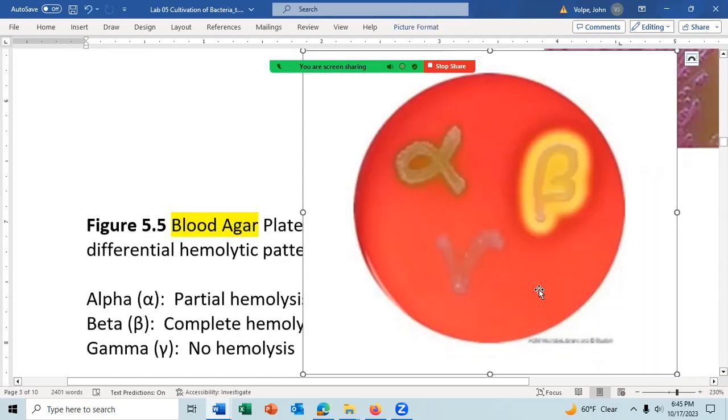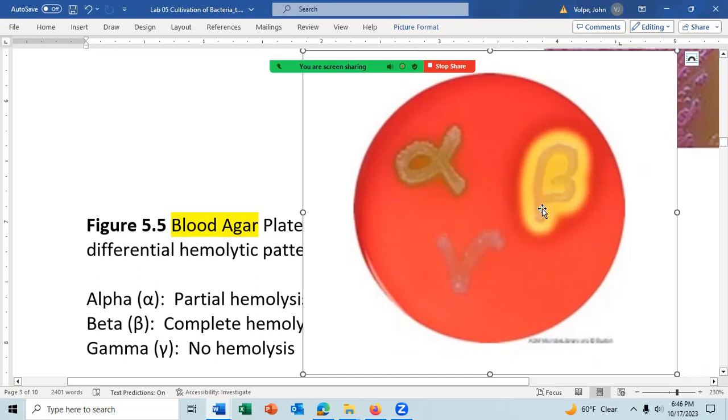That differs from the cells which have beta hemolysis, and here in the white, we have the cells in a beta, and then we have the clear ring or zone around the cells, and beyond that, we have the red of the blood.